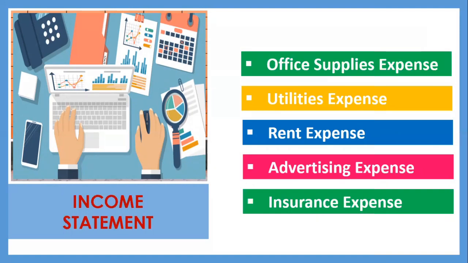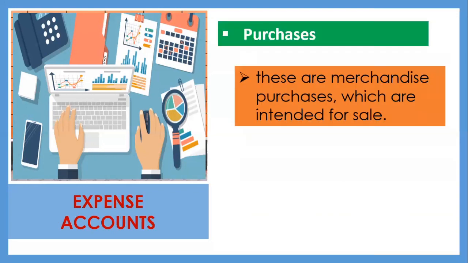Now, in order for us to better understand each of these expense accounts, let us discuss them one by one, starting with purchases. If we say purchases, these are merchandise purchases which are intended for sale.